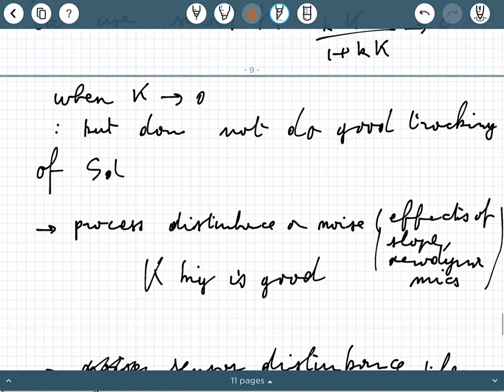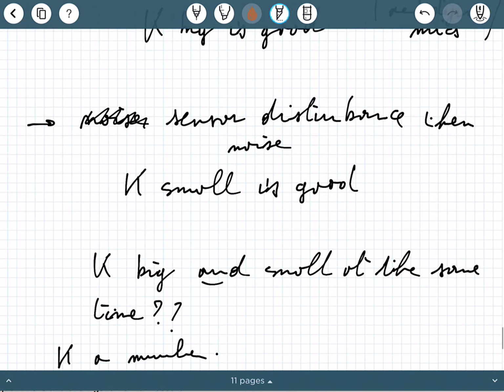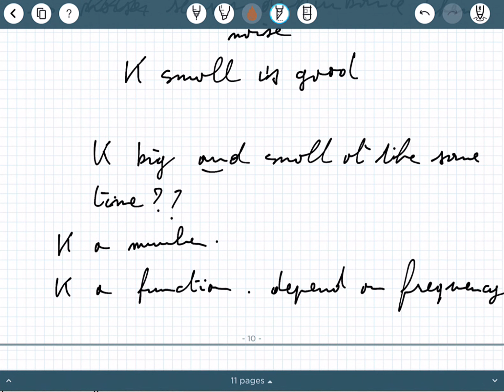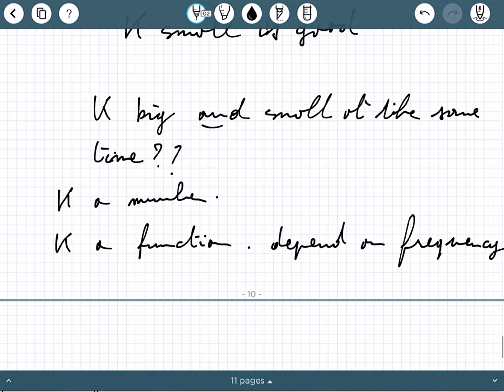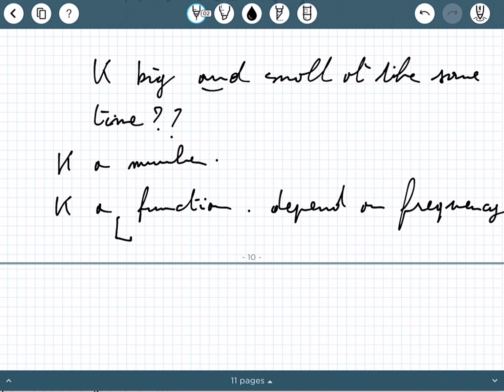This apparent contradiction will be solved throughout this course by working with objects that are just more sophisticated than K merely being a number. Instead, K will be chosen to be a function, and to be more precise, it will be chosen to be a dynamical system. You will see this later throughout this semester.